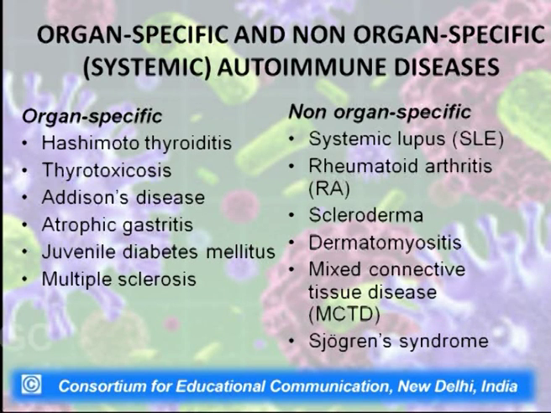While on the other hand, if we talk about the non-organ specific autoimmune diseases, we have systemic lupus erythematosus, rheumatoid arthritis RA, scleroderma, dermatomyositis, mixed connective tissue disease MCTD, or Sjogren's syndrome is also a type of non-organ specific autoimmune disease.